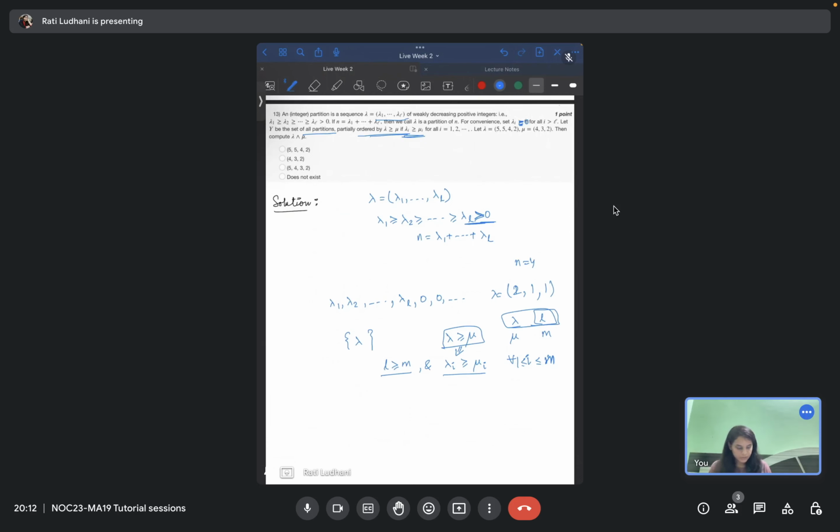That is the rule. Now if you are given lambda to be 5 5 4 2 and mu to be 4 3 2, what can you say about the meet of lambda and mu? That is the question.